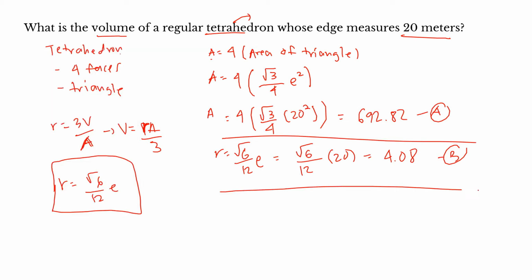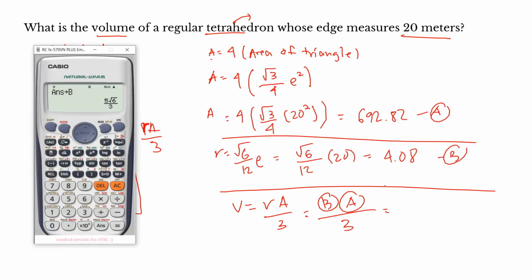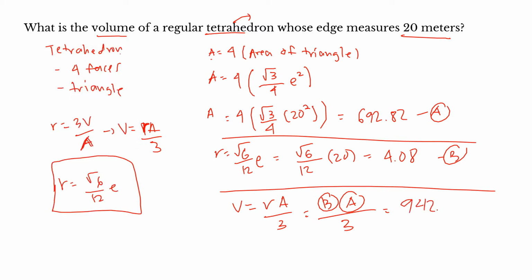Alright, and to get the volume, that is RA over 3, that is shift-stored B times the stored A, all over 3. How much is that? That is 942.81 meter cube.